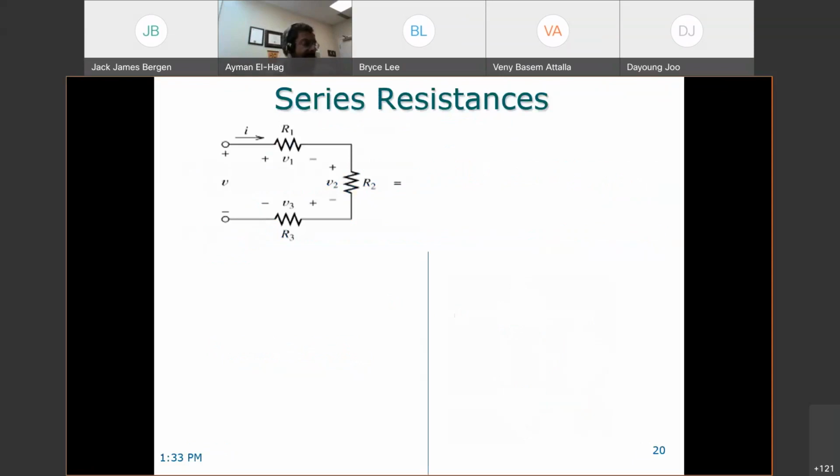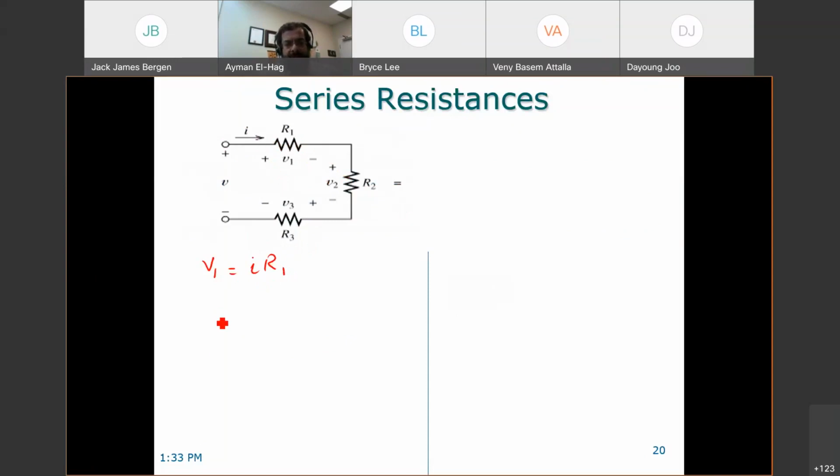So now let's derive what the equivalent resistance will be if they are connected in series. So here we have V1, we have a current I and a voltage. We can see that V1 is nothing but I times R1. And V2, with the polarity, now we understand this polarity because the current enters the terminal, so it becomes plus minus.